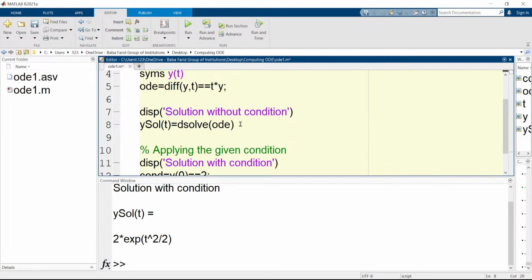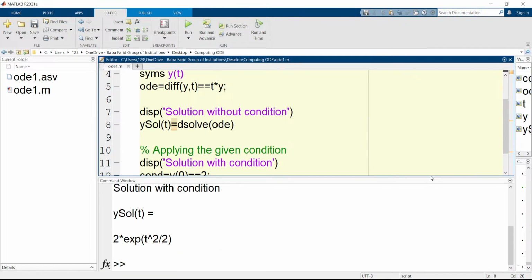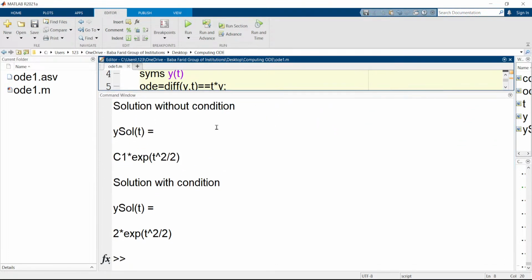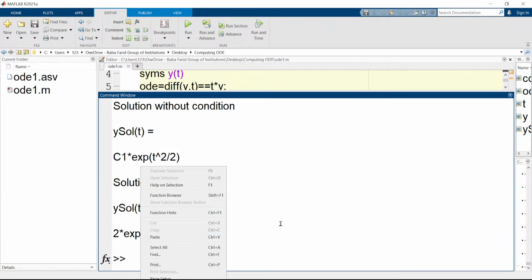Yes, when we are using a semicolon, this will suppress the output, as you know. Yes, now it is fine. Once again, check it. Yes. So this is the first solution, the solution without condition, we have this one. And the solution with condition, we have this solution.